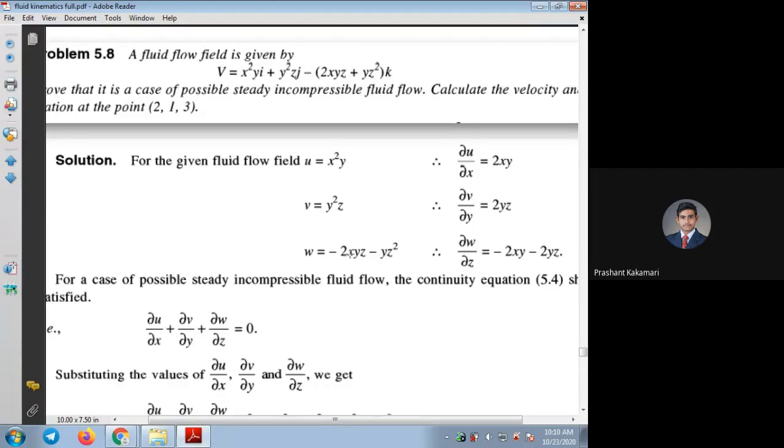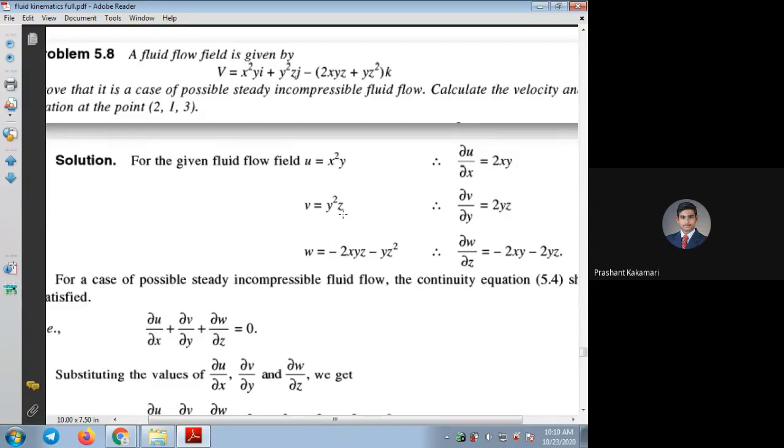Now for finding the velocity and acceleration, we need the differentiation of all these values with respect to the given coordinates. So once you differentiate them, what will we get? X square we can get as 2x, because we are differentiating with respect to x for the x direction velocity. So dou u by dou x, you can write 2xy.